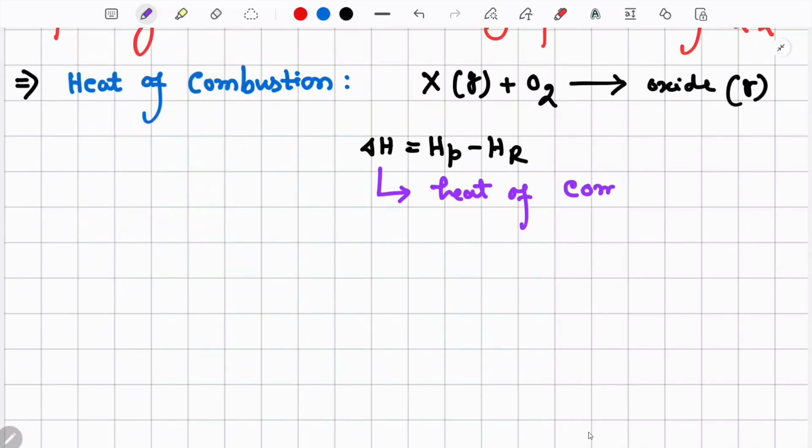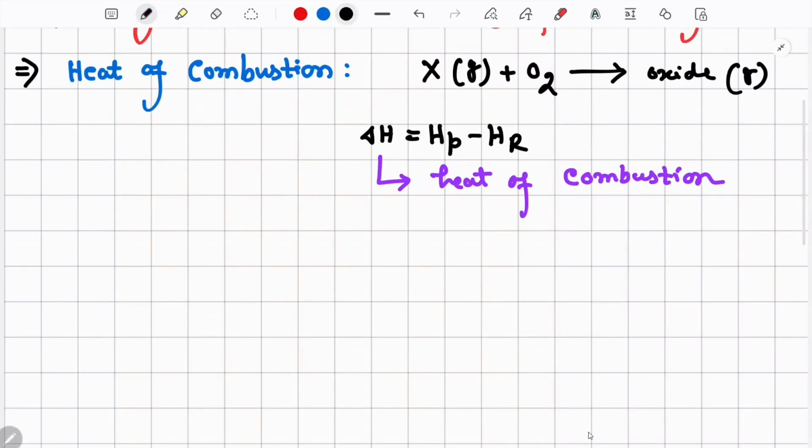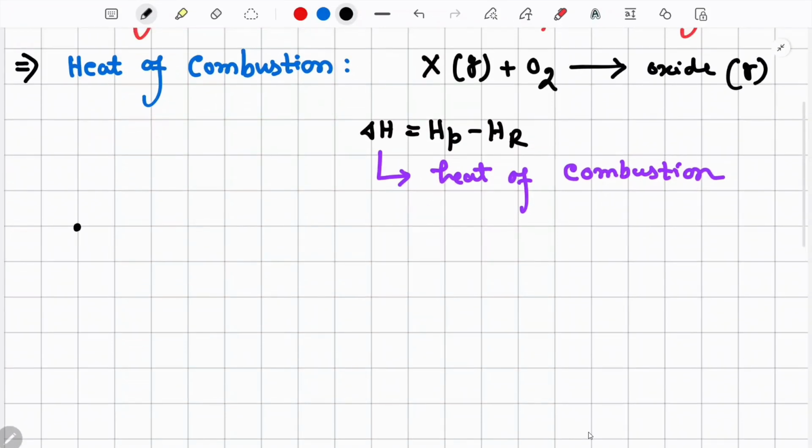So heat of combustion is just written as delta H, no suffix. Let me give an example, then it will be more clear. Let's say you ask the heat of combustion for hydrogen gas.